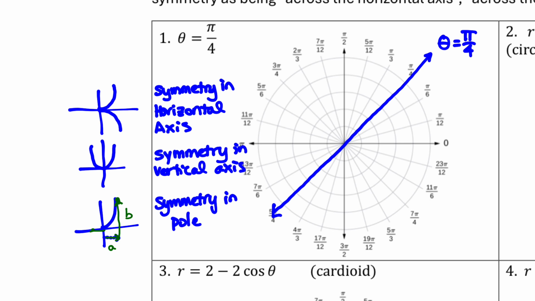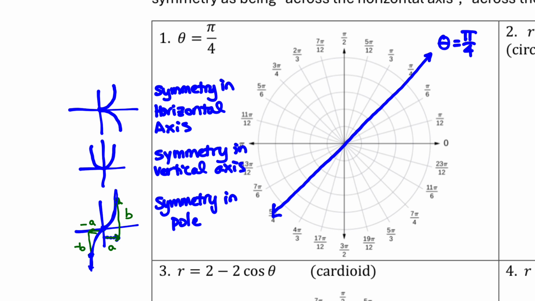So if I went the same distance back in x and down in y, and I got another point on the curve, and that happened for every single point, that would give me symmetry in the origin. Do you guys see what I'm saying about that? So for every curve, if you go over in x and up in y, if I go back in x and down in y, and I have that for every single point on the curve, it gives me this symmetry in the pole, or the origin, so to speak.